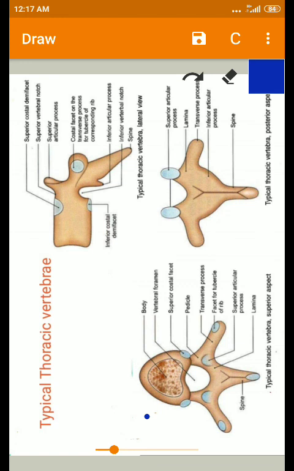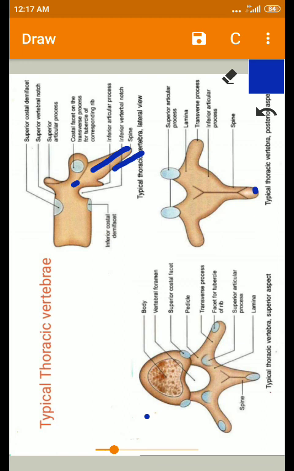The spine is long and is directed downwards and backwards. The fifth to ninth spines are longest, and also more vertical, meaning sloping, and overlapping the spinous processes below.